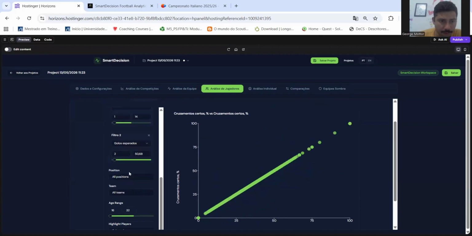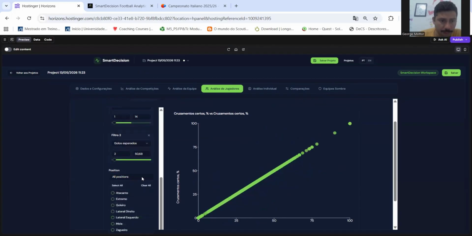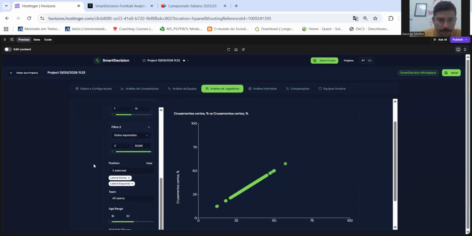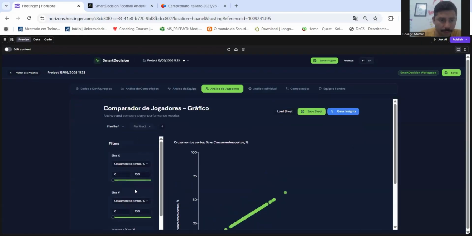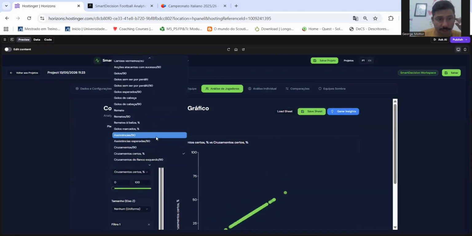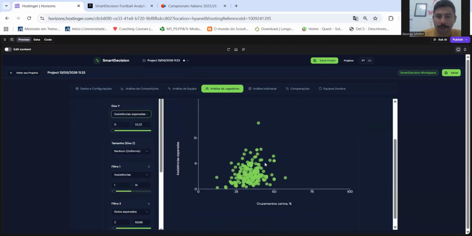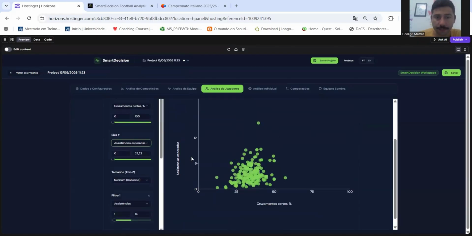Let's put fullbacks right and left in. Then here on the other axis is crossing. Crosses. Let's put expected assists here. If we find the expected ones here, expected assists, there. This already gave me an interesting graph, right?